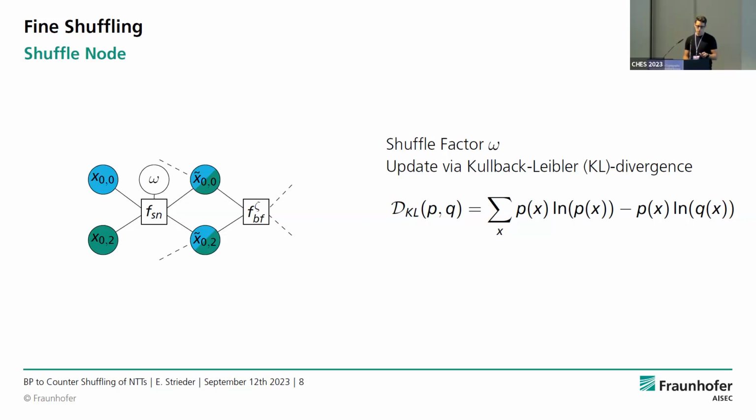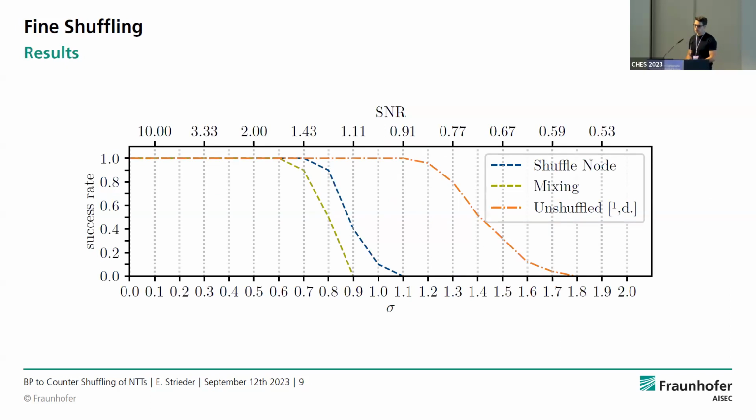We tested on the original Hamburg attack. And we see here in orange the case of unshuffled measurements. They go up to a sigma of 1.8. Then you see that just using the straightforward way of mixing distributions goes up to a sigma of 0.9, and with this shuffle node we could push the noise resistance of this attack to a sigma of up to 1.1.